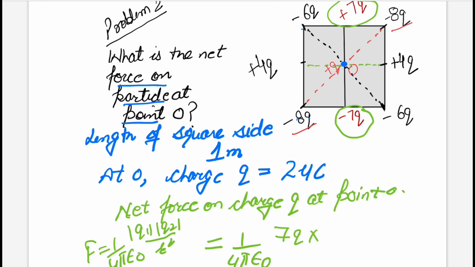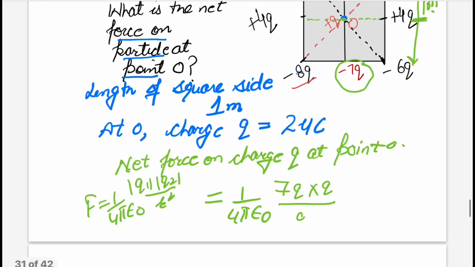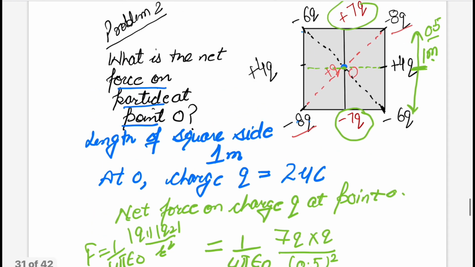So it is 7q divided by the distance, right? The length of this cube is 1 meter. This is at the center, so half of 1 meter is 1 by 2 meter, which can be written as 0.5. So it is 0.5 squared, right?